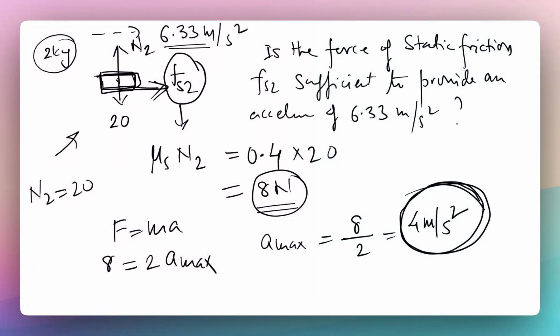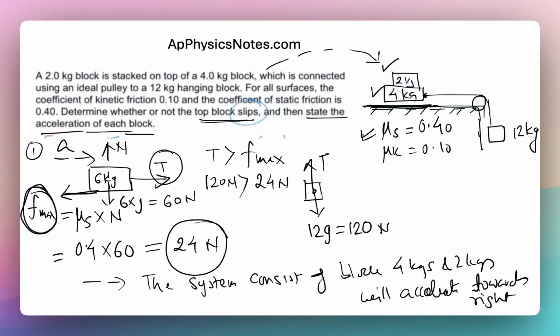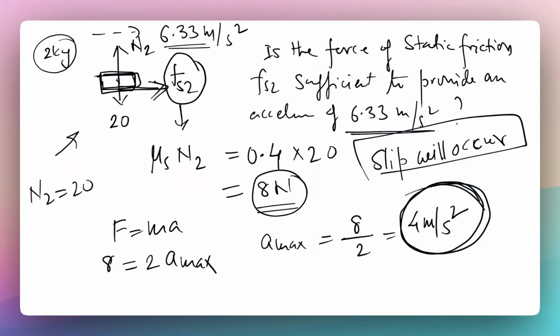But if slip doesn't happen, it has to move with 6.33, which means slip will occur. So the block of 2 kg is going to slip, and now we have to recalculate our acceleration.